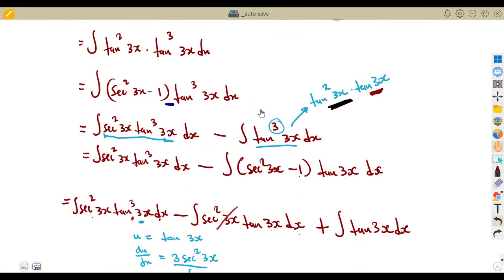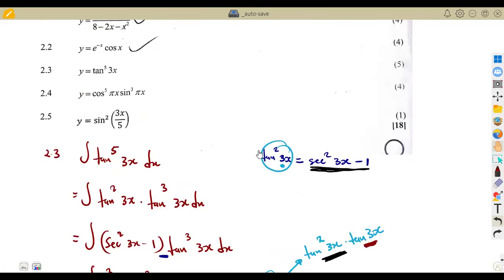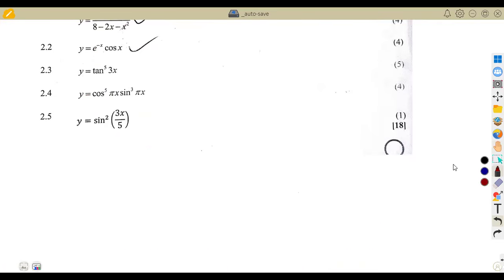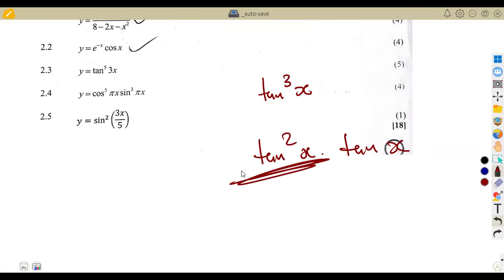Once you are yet to reach that, expand and expand, as long as there is a possibility for you to split the tan. Whether it's a tan cubed, as long as it can be split in terms of tan squared times another tan, we have to split this so that we can substitute with the equivalent identity.